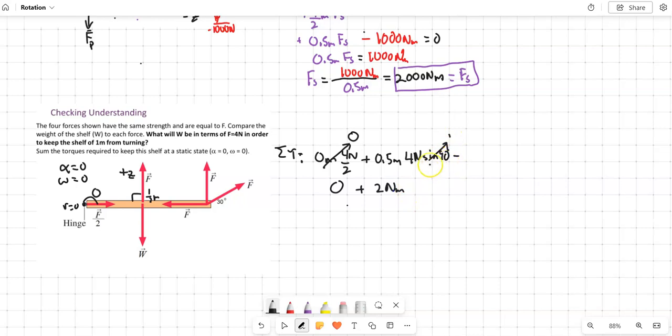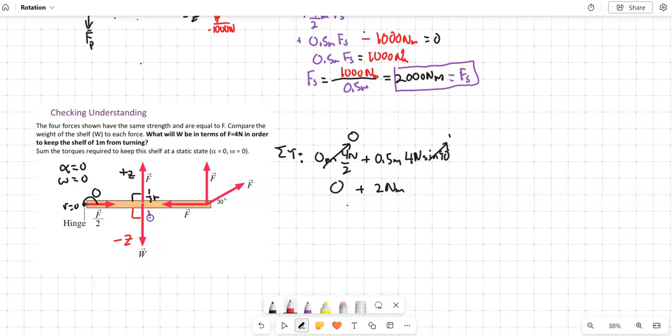All right. So coming over to here, now we're at this force here, which is the weight force, which is what we're trying to determine, what that has to be if all of these are attached and they're all 4 newtons. This is at 90 degrees. This would be spinning our lever arm clockwise, so that's going to be a negative Z torque.